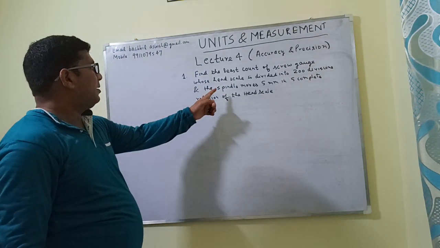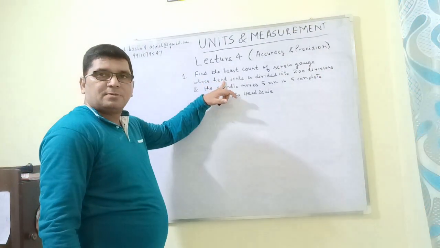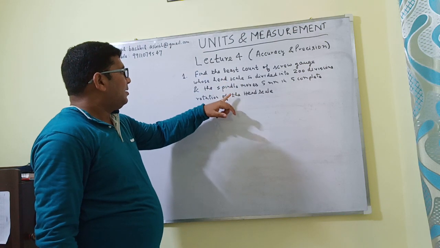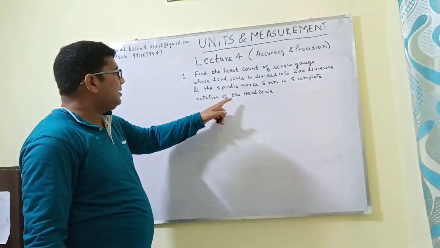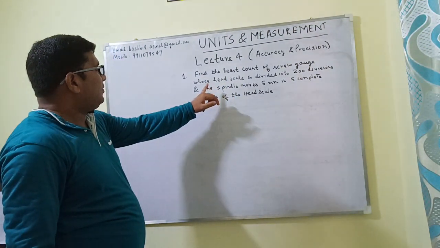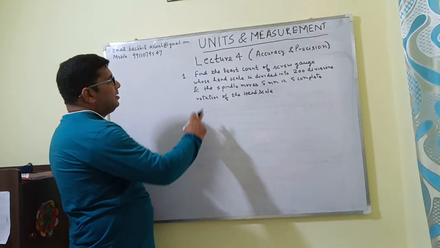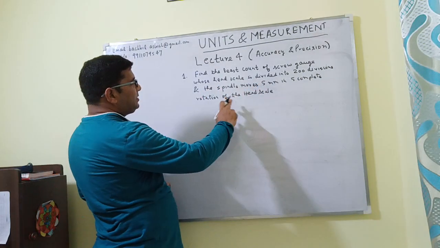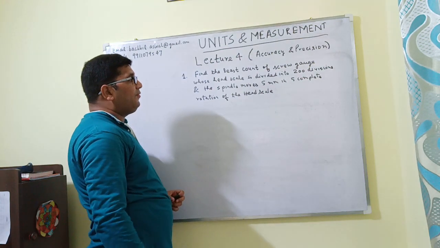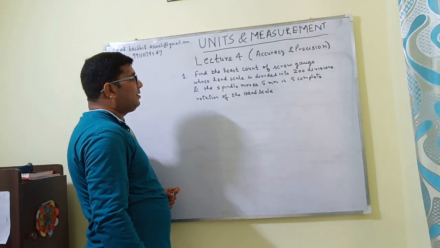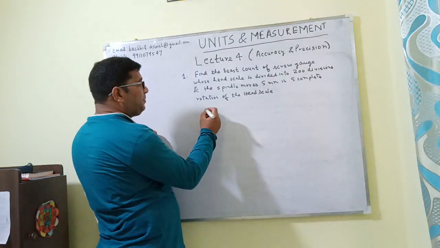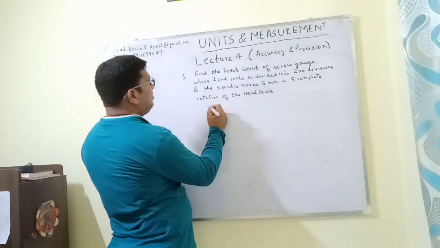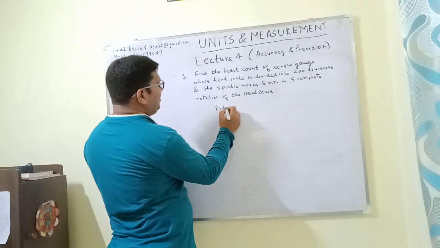See, the head scale is the circular scale, and here we have to find the least count of the screw gauge, whose head scale is divided into 200 divisions, and the spindle moves 5 mm in 5 complete rotations of the head scale. Now what is the pitch? You have to first find the pitch.